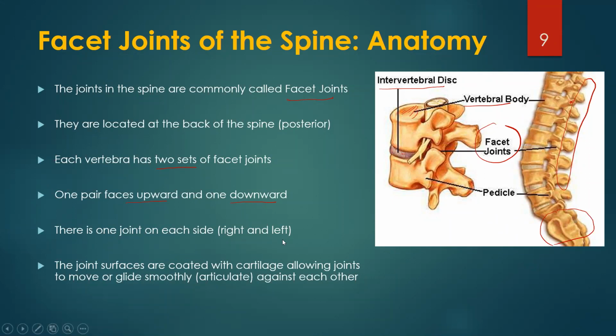One more point is that where the facet joints join with each other, where each bone joins with the corresponding bone, there is a cartilage that acts as a shock absorber. That allows the joints to glide smoothly against each other. These are also slightly movable joints, and they are gliding or plane joints, as we discussed in module 0.